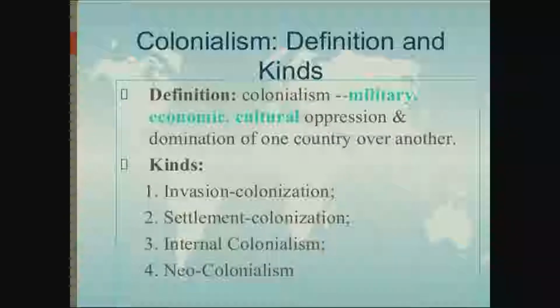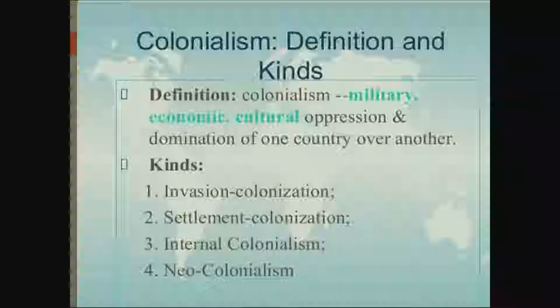Neo-colonialism is also taking place in certain countries. Here, the imperialist power has left the country and has gone to some other place. But the people are not ready. They are not able to take over the reins of power in their own country. They do not know what to do next.